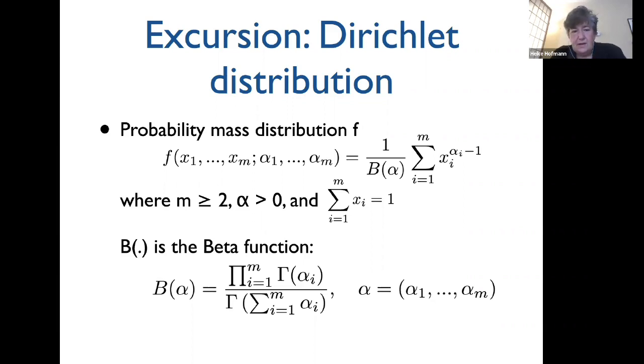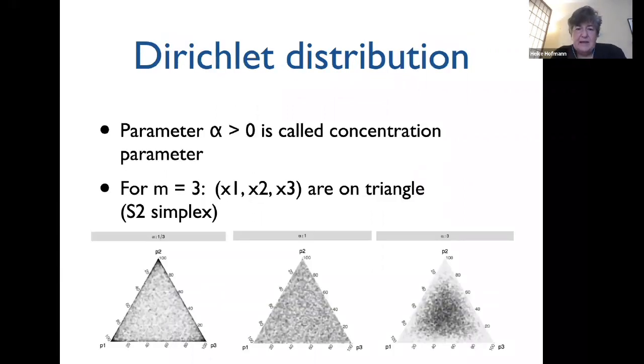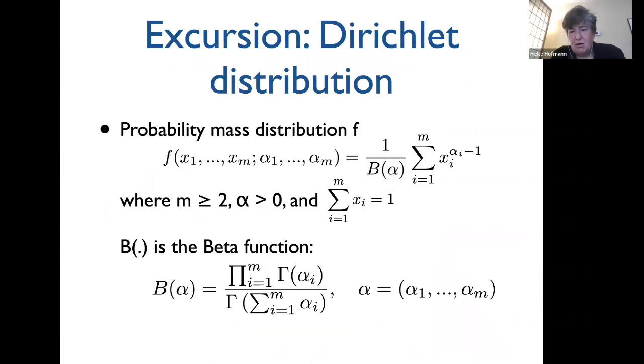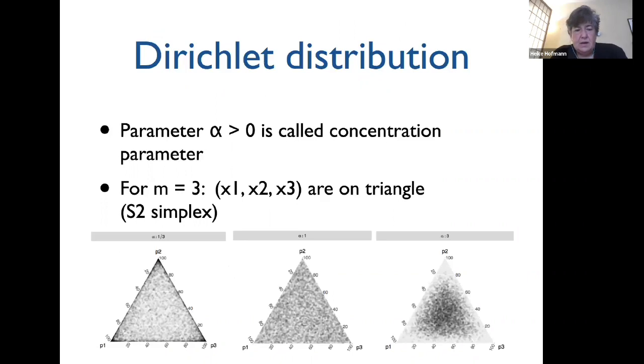So how does that work? The Dirichlet has this concentration parameter alpha, and we'll just make an assumption that all of these alpha_i's are the same. So we'll just assume that alpha_i is constant. And when we do that, you can see what happens just on an S2 simplex.